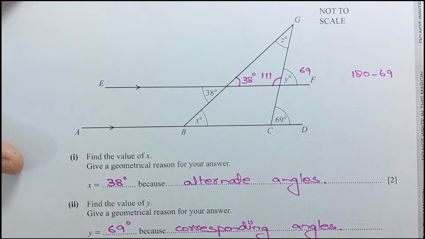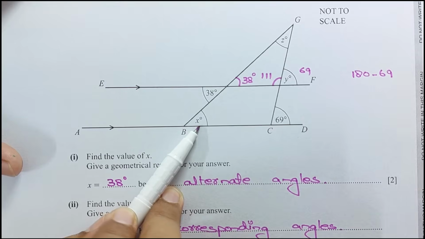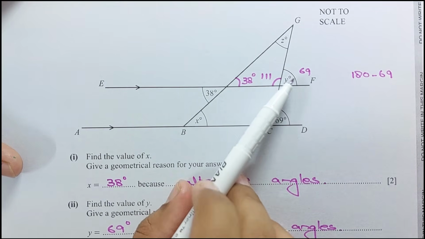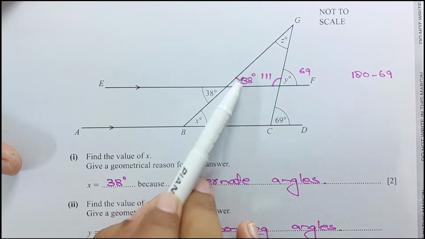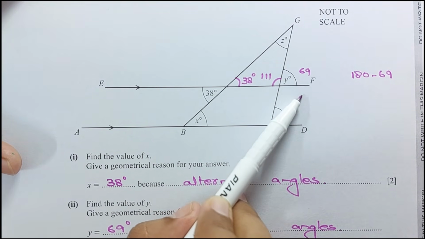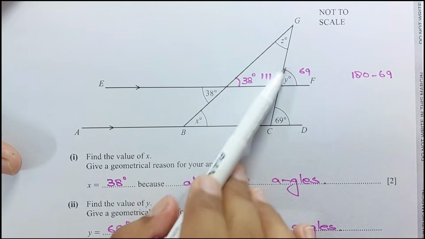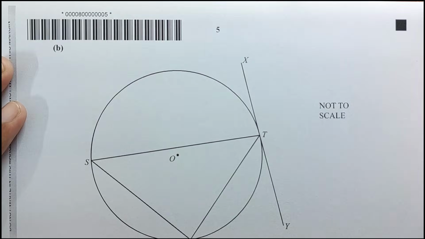To get x, we use the concept of alternate angles. To get y, we use corresponding angles, and to get z, we use two concepts: vertically opposite angles and angles on a straight line adding up to 180, and then the three angles of a triangle adding up to 180.